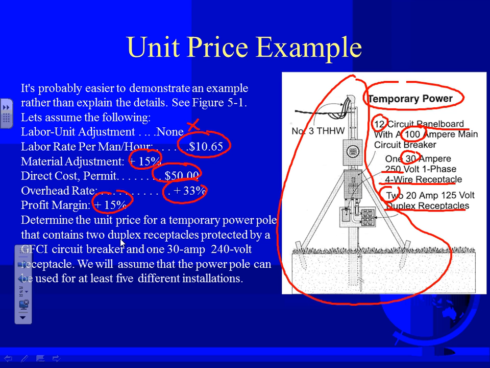Then we need the temporary power poles, which contain two duplex receptacles. You can see them protected by a GFCI receptacle and a 120 amp, so two 20 amp GFCI receptacles and a 30 amp 480. We'll assume that people can use them how many times? At least 5 different installations. Now, this is wood, right?